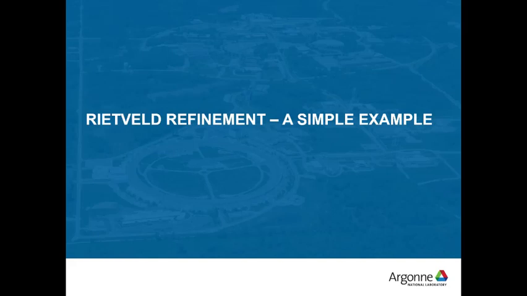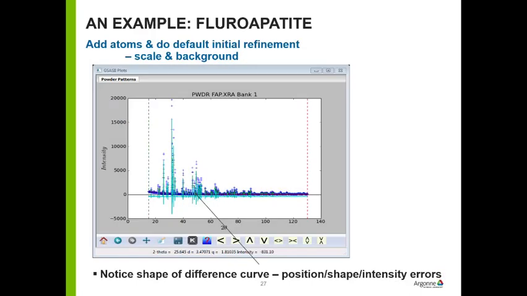A simple example. This is fluorapatite. Why fluorapatite? Well, no particular reason except that Ray Young and his co-workers were interested in tooth enamel and the effect of fluoridation on tooth enamel. And this is what's on your teeth after you've had a fluoride treatment. The apatite is replaced by fluorapatite, which makes it resistant to decay.